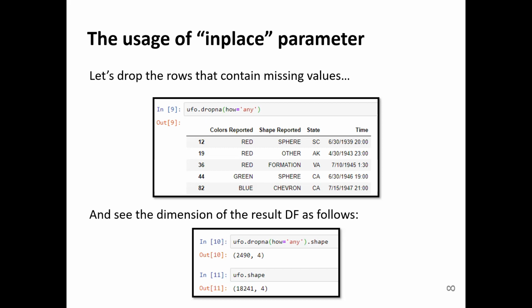But if you check UFO.shape, it shows that you still have 18,000 because you didn't say inplace equal to true, right? If you did drop it, everybody get it back. Yes, please, if you have done that, go to the first stage and just bring them back. Import it again. Import it again, yes.